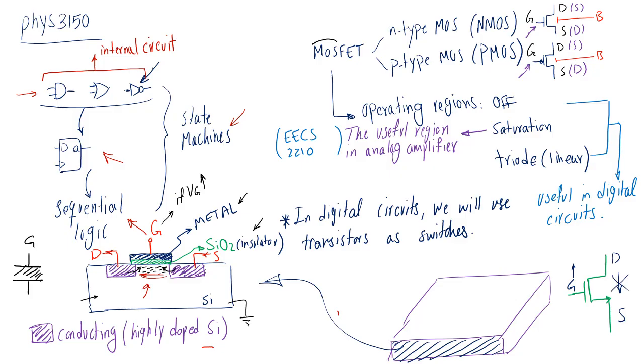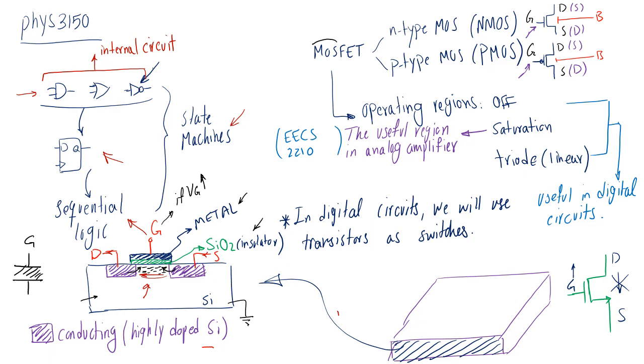Okay. So now what's the difference between NMOS and PMOS? Well, the main difference is the type of material that I use. For NMOS, I'm using N-type silicon, and for PMOS, I'm using P-type silicon. The difference that it makes is that for PMOS, I have to make the gate voltage smaller than a certain voltage to activate the channel.